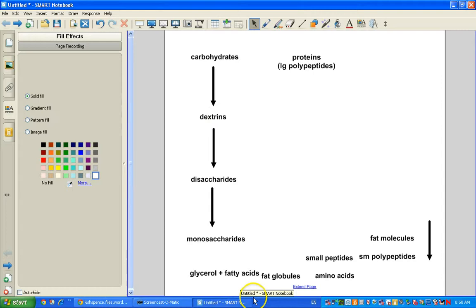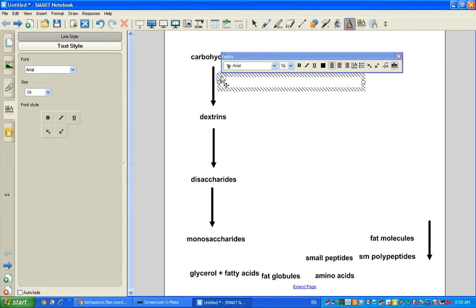And in your case study, it said we need to indicate to the right of each arrow the name of the enzyme, and to the left, indicate where it happens. So to the right, what enzyme was acting? It was salivary amylase.